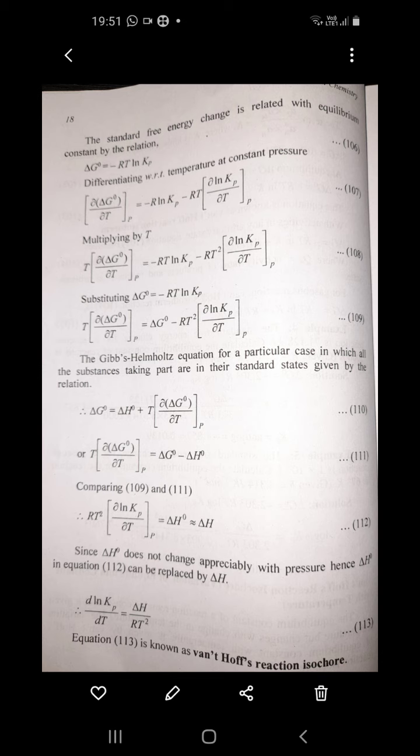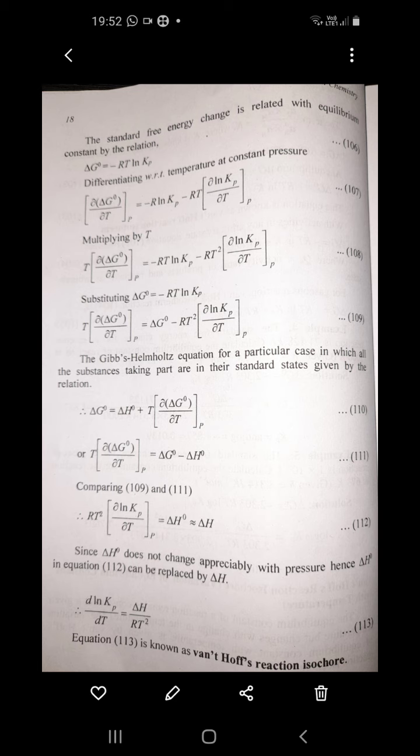Now differentiate equation 106 with temperature at constant pressure. Then the above equation can be written as d delta G0 upon dT at constant pressure is equal to minus R ln Kp. Pressure is constant, so write P outside the bracket with temperature.